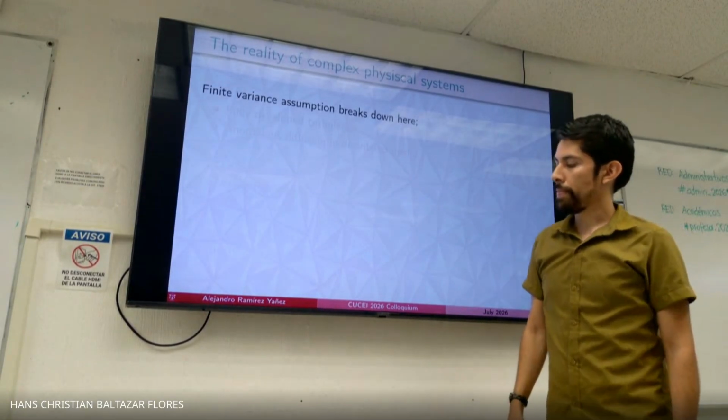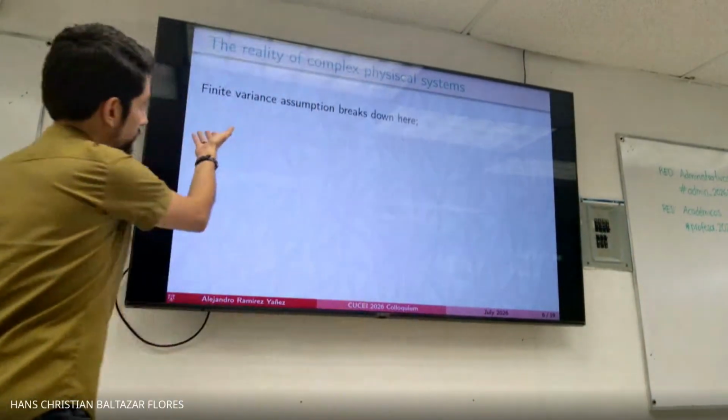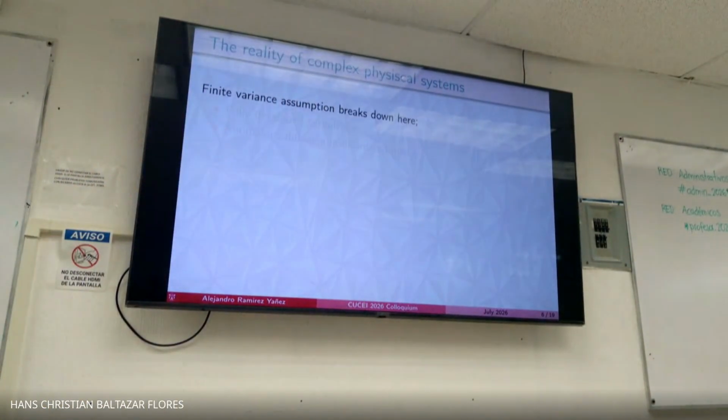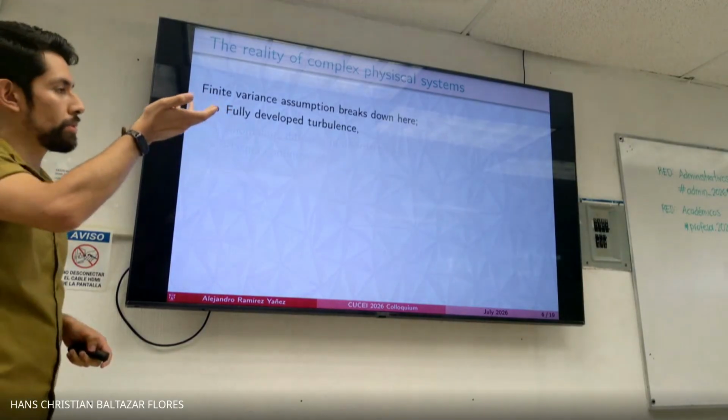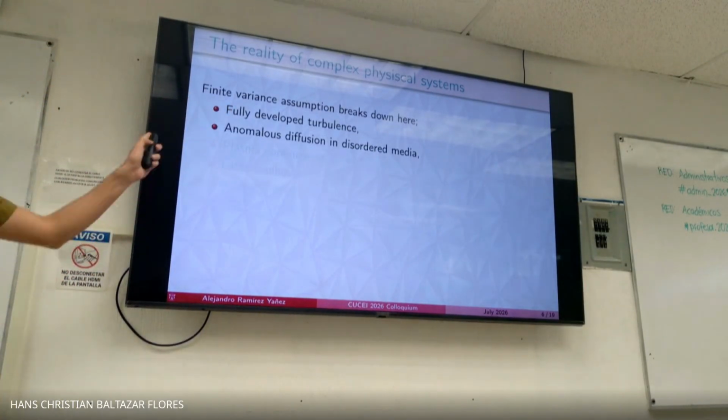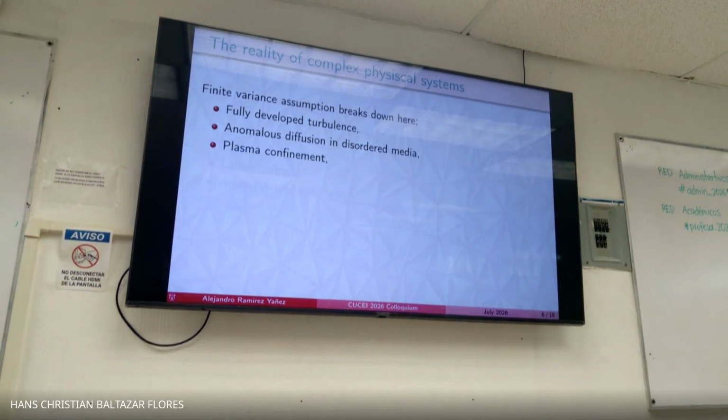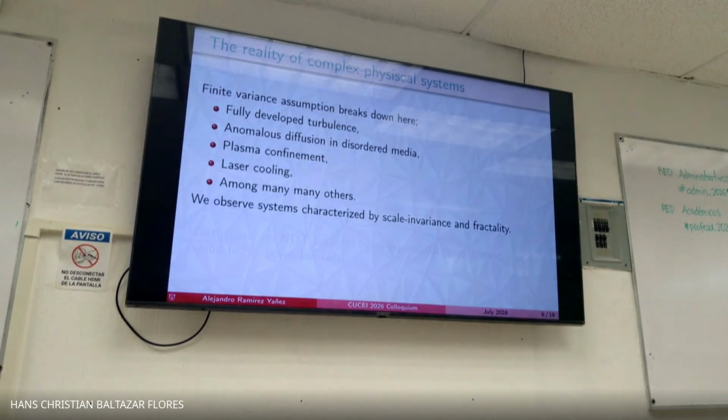So the thing is that these finite variance assumptions break down in many phenomena in nature. For example, whenever you study turbulence, or anomalous diffusion, or plasma confinement, laser cooling, and many other phenomena, you will observe that these systems are characterized by scale invariance and fractality.